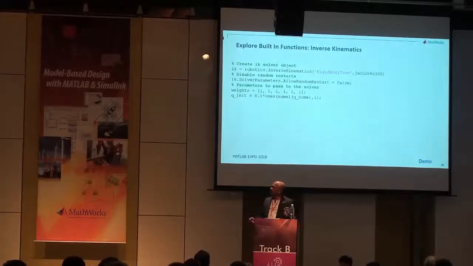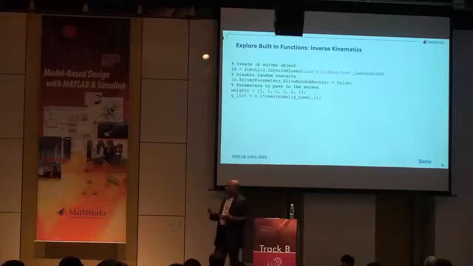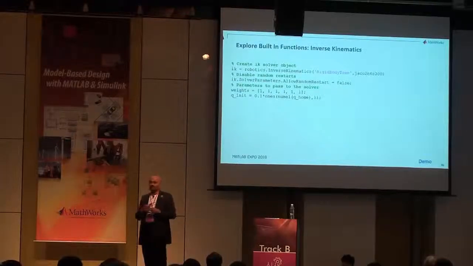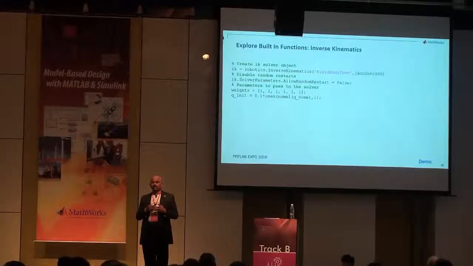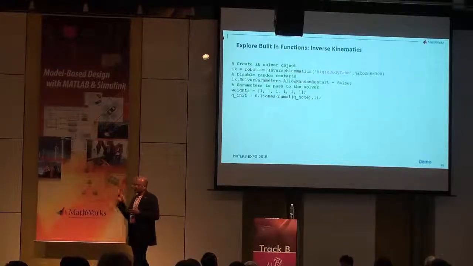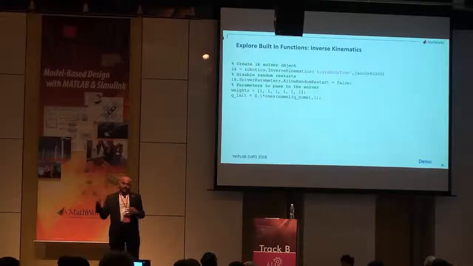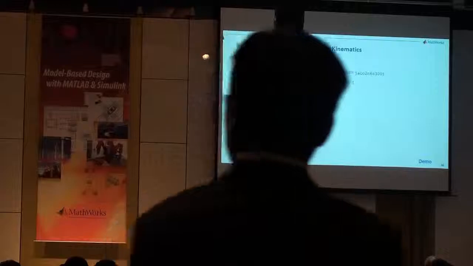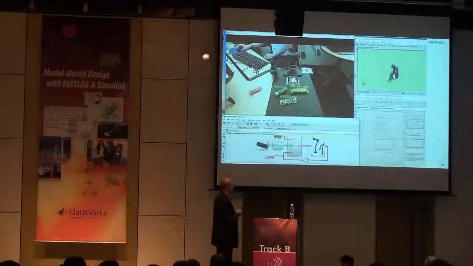In terms of how we make things like inverse kinematics easy, there certainly are a number of different built-in functions. Georgia this morning talked about some of the new features in 18B, and this is one of the things that she mentioned, that there are built-in functions, for example, to do inverse kinematics in the Robotics System Toolbox.